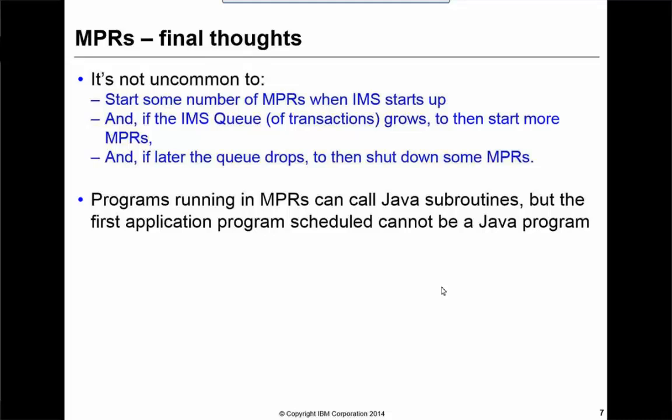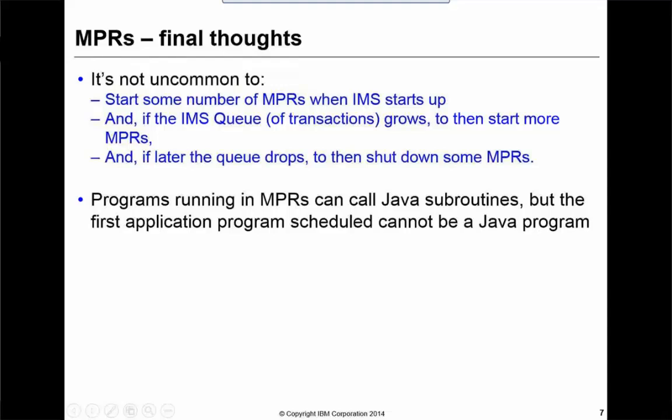If the line is getting longer and longer, what does the bank management do? They'll open up another teller window, right? And it's the same thing here. You can think of NPRs as these teller windows that process transactions. And then, of course, when the queue has dropped down and there isn't that much processing to be done, you can shut down some NPRs. So it's not uncommon for IMS shops to do that.